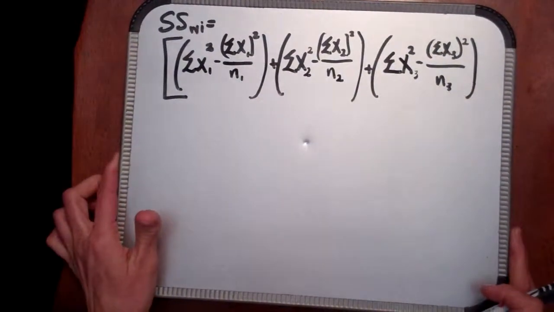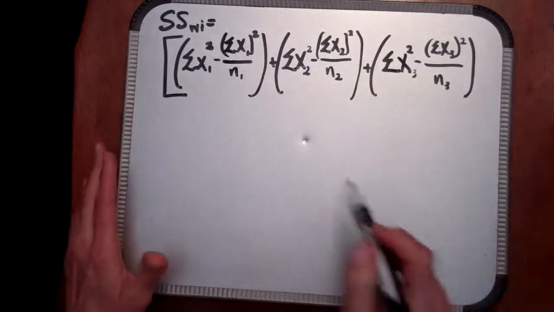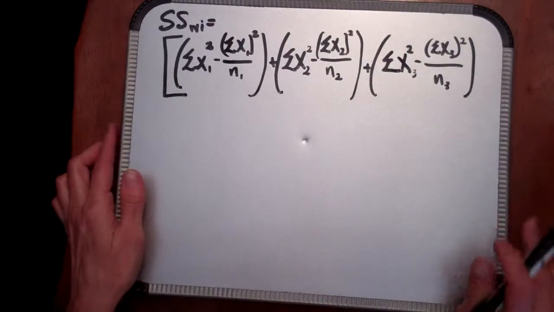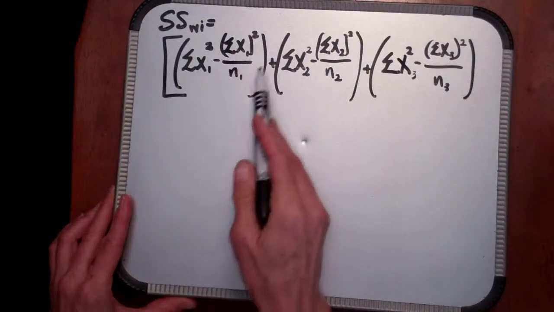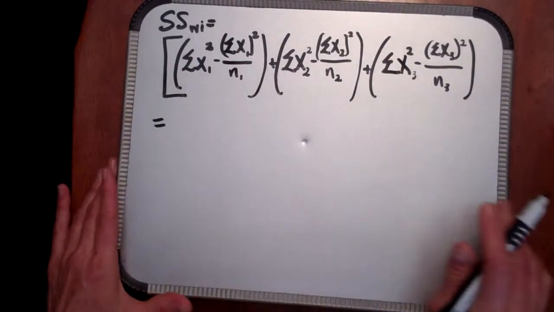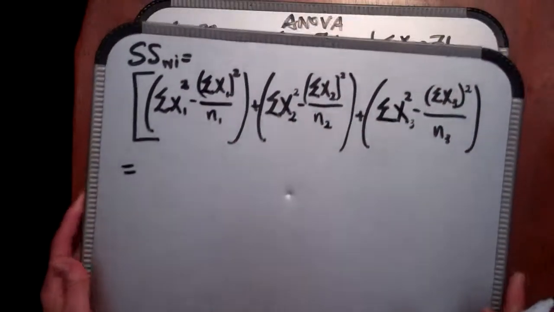So let's start with sum of squares within and make sure that we're very clear on what each of these symbols refers to, which value each of these refers to. And once you know the value that each of these symbols refers to, the calculations are extremely simple. So don't let yourself get thrown by all the symbols.